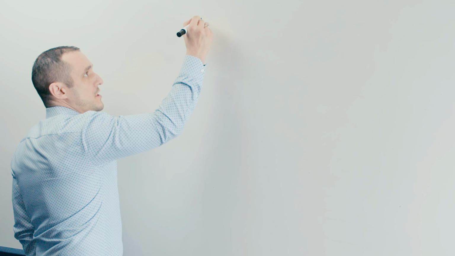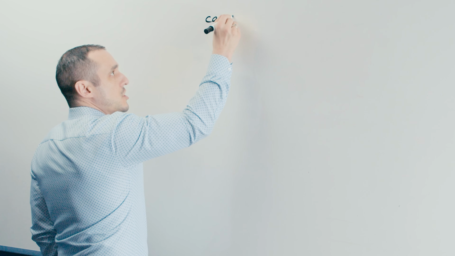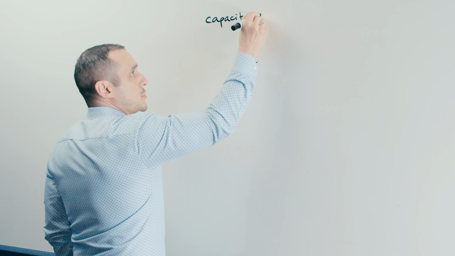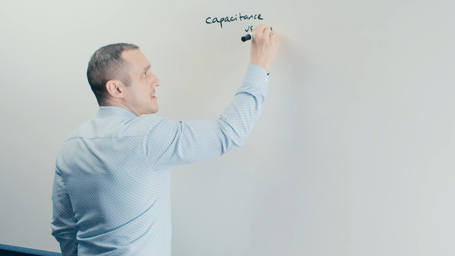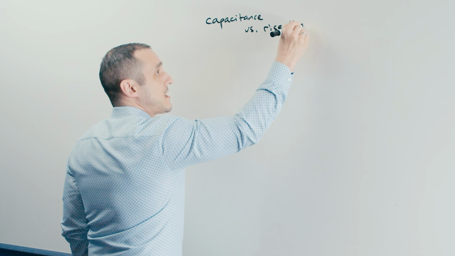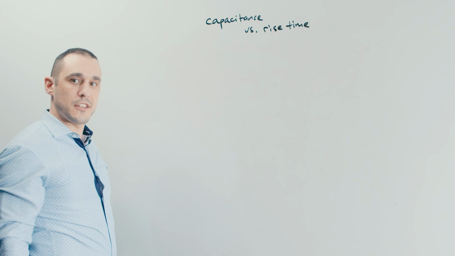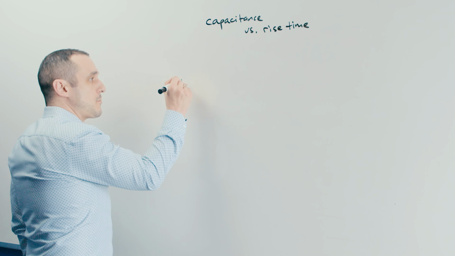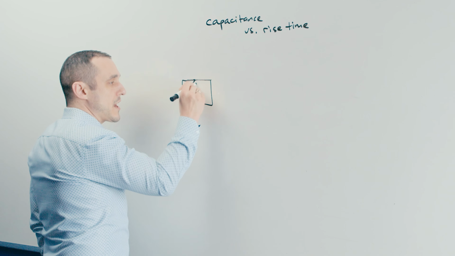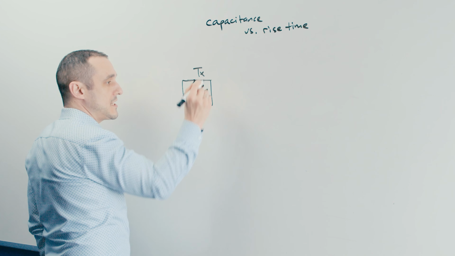So I'll address the first part of the question first, which is all about the relationship between the capacitance that you're trying to drive versus the rise time of the signal that you actually inject into the interconnect. So let's just suppose I have a transmitting component, we'll call it TX.